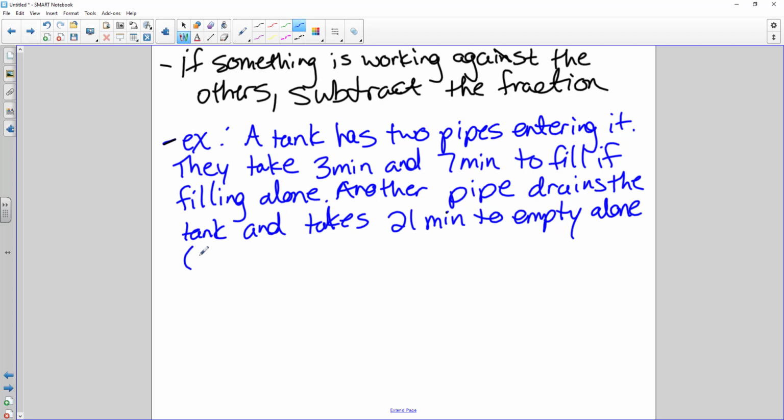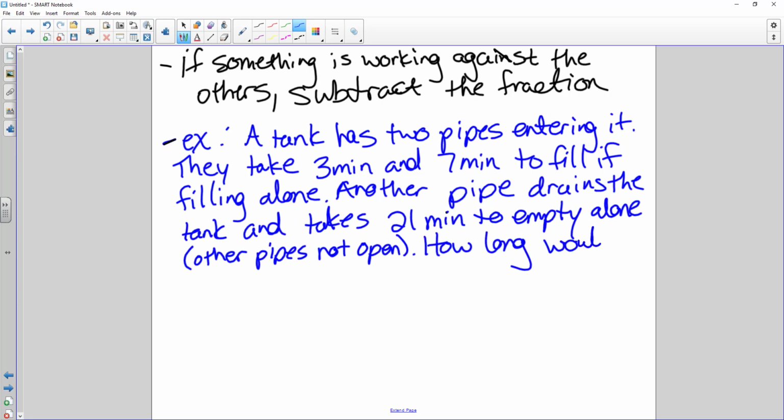So this is assuming the other pipes are not going, or not open. How long would it take to fill the tank if all pipes were open?